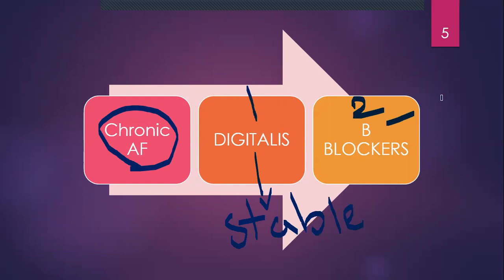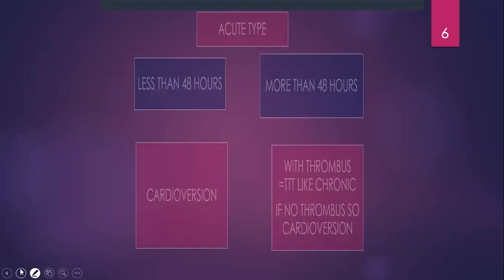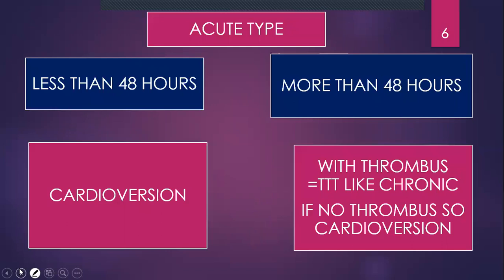Beta blockers are sympatholytic. They block the effect of the sympathetic system, so they are depressive. They depress the heart rate, and this is stabilization. This is the treatment of chronic AF. In chronic AF, the patient is used to this. It is not an emergency because his life is to have AF, so it is not acute. It is not the first time.